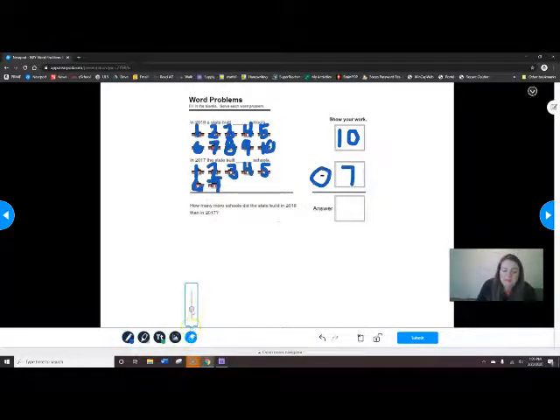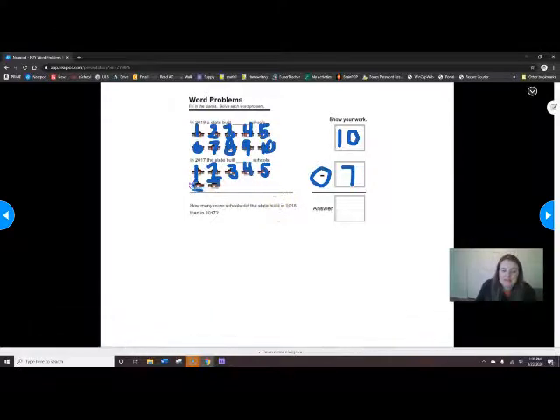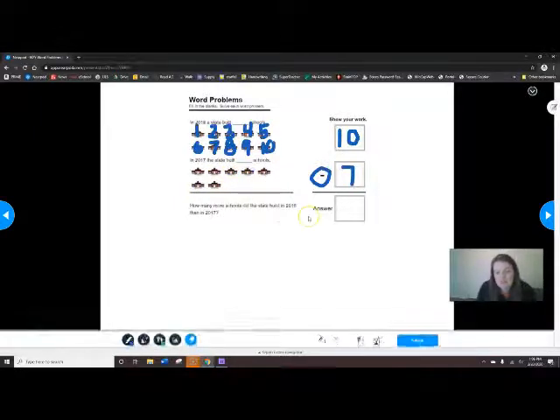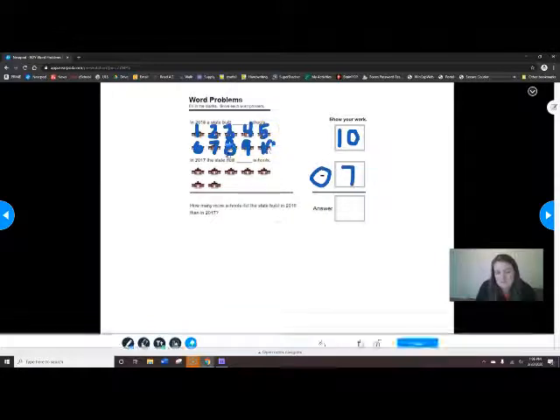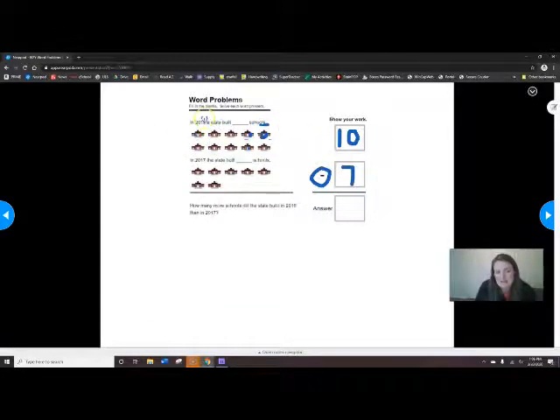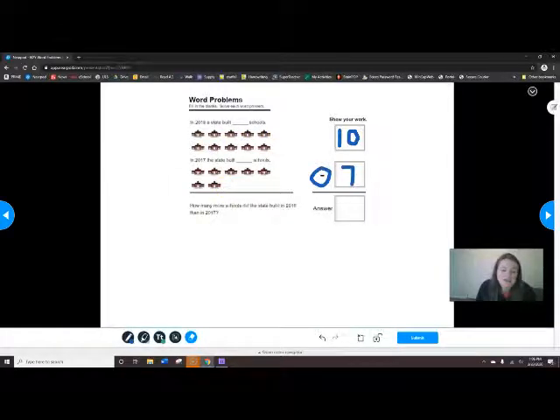So now I'm going to erase so I can cross them out. You could use cubes or pencils, anything that you have at home to help you, but I like to erase so that I can actually cross them out.